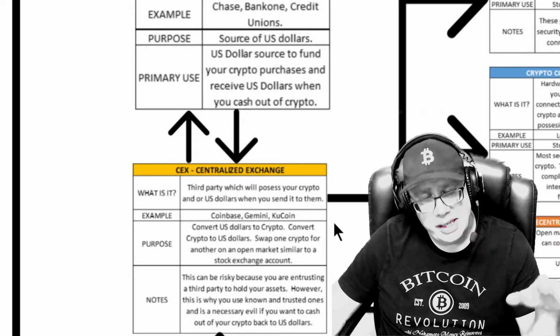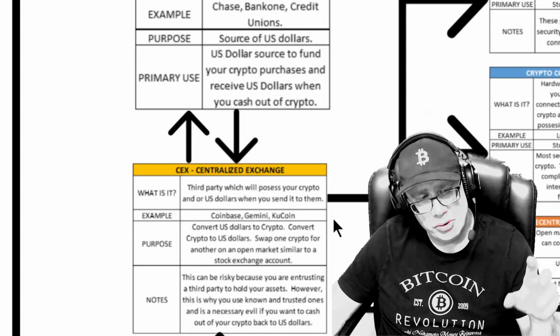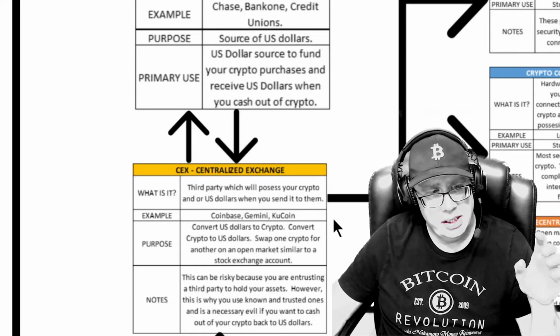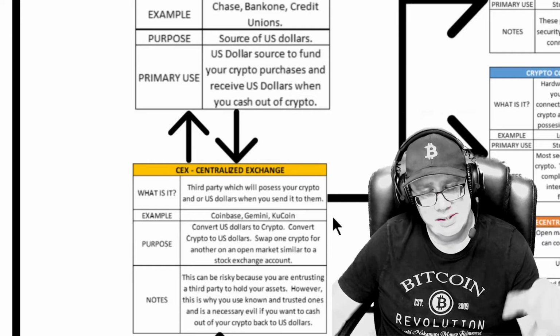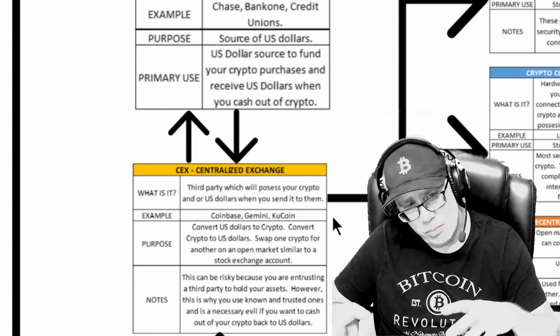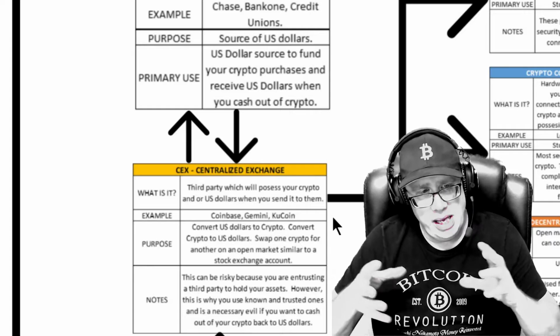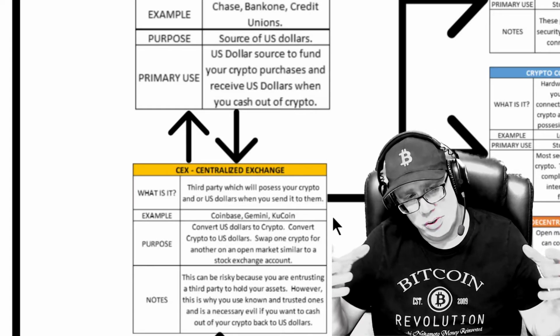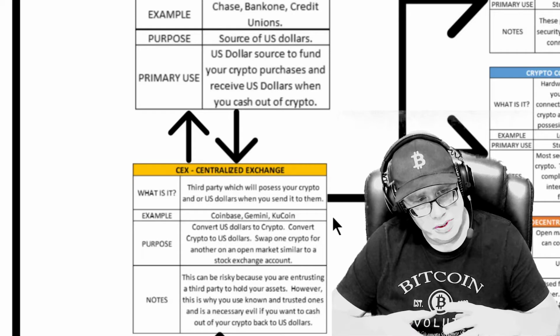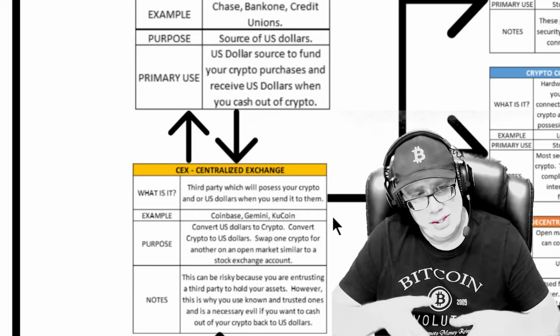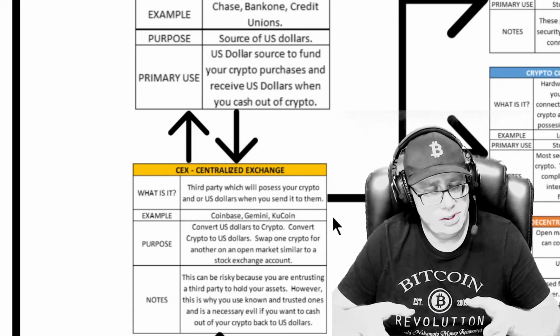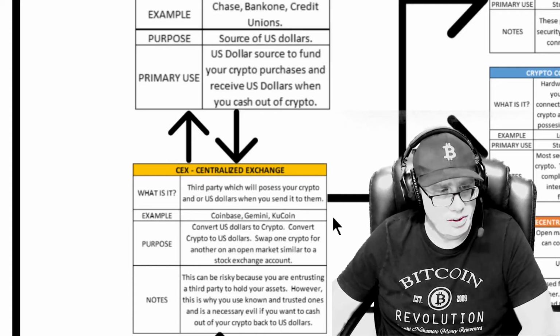The CEX provides multiple purposes, but the primary one is your fiat, or US dollars, gateway into crypto. You move your dollars to the centralized exchange, and this is where you get your first bit of Bitcoin or other things.